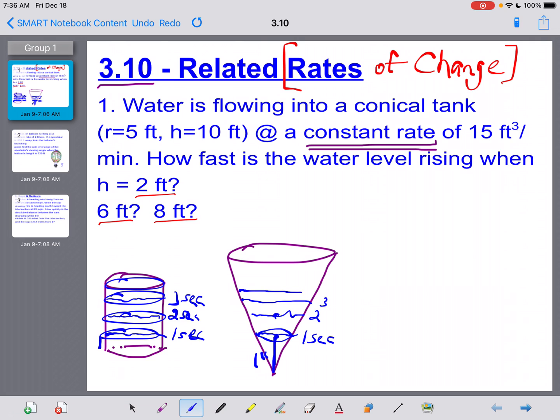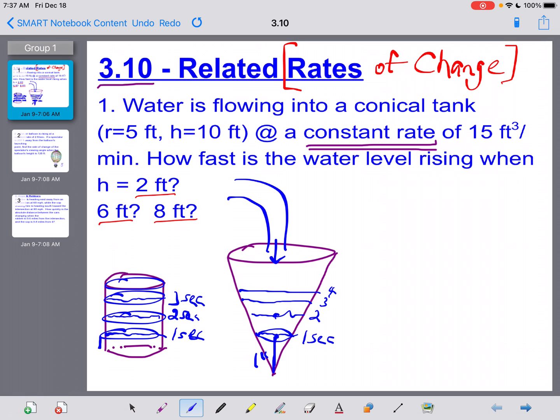And after 4, there's probably even less of an increase. So what's going to happen here, guys, as we fill water out of our kitchen sink into this conical tank right here, that water level is going to rise very quickly early on, and then it's really going to level out and slow down as we get near the top.